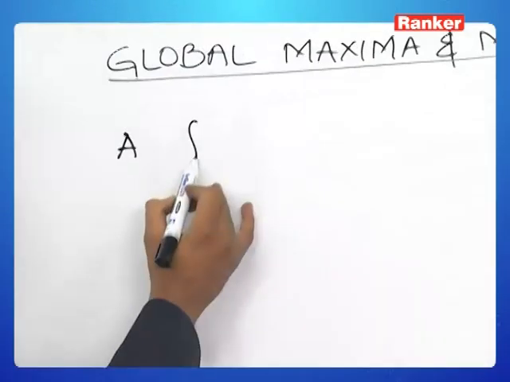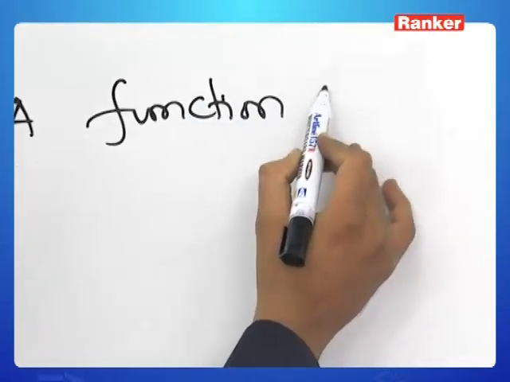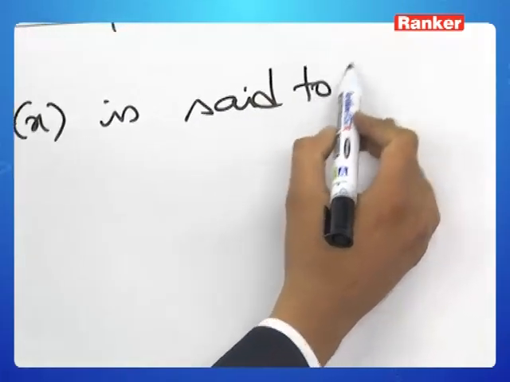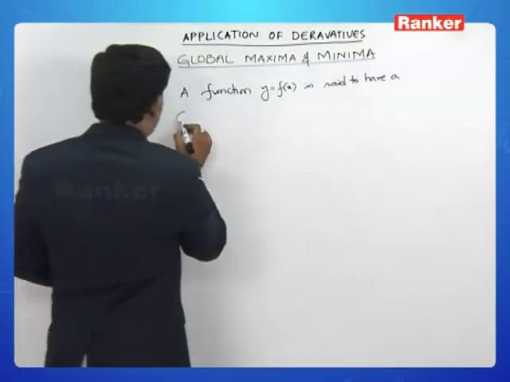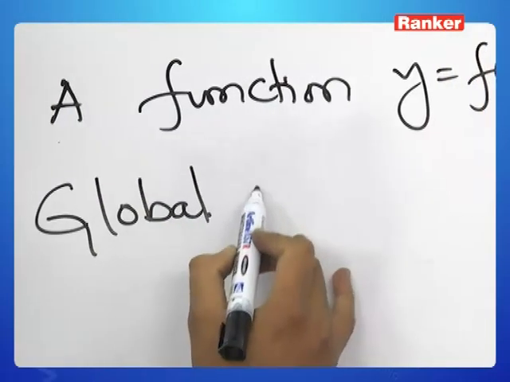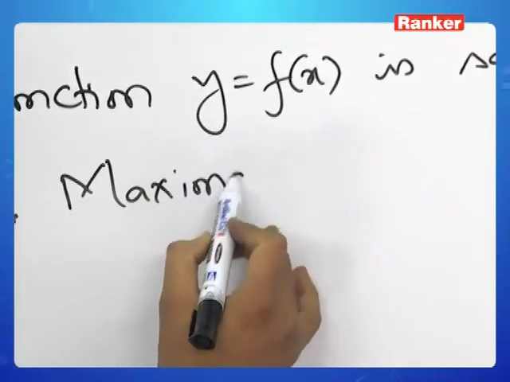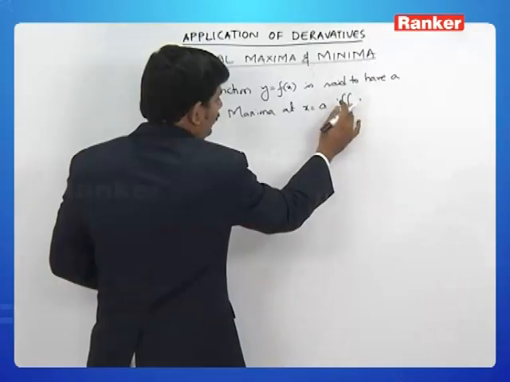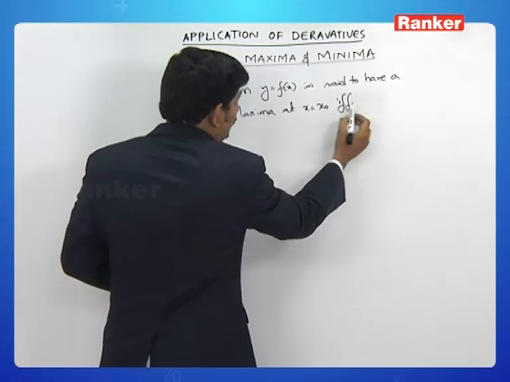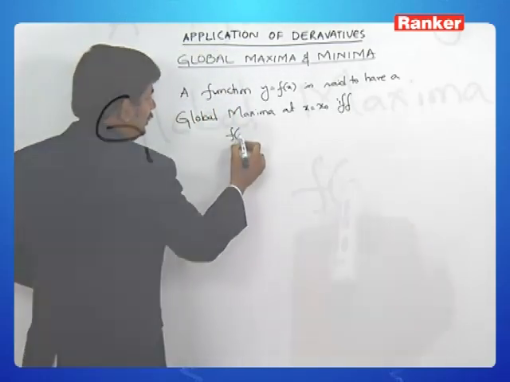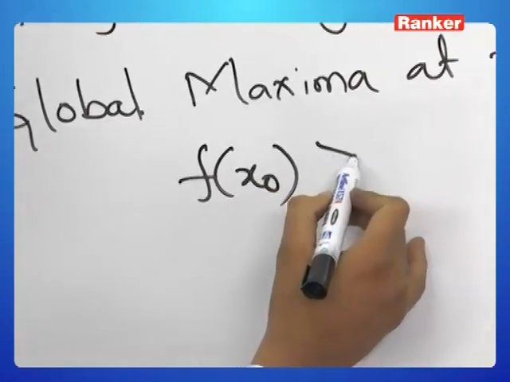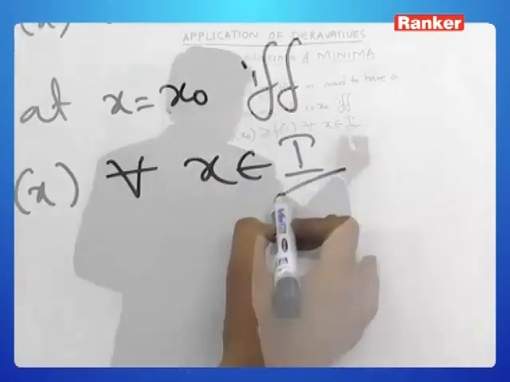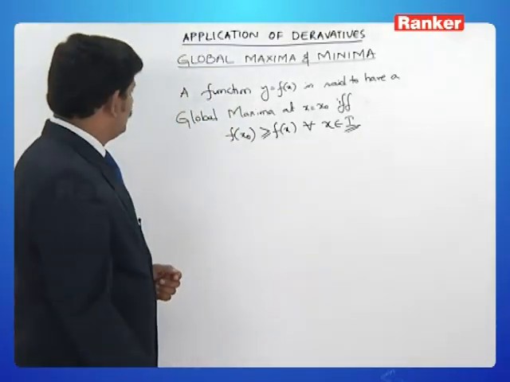A function y equal to f of x is said to have a global maximum value or a global maxima at x equal to x naught if and only if f of x naught is greater than or equal to f of x for all x belonging to I. I is the interval in which we are discussing global maxima or global minima.